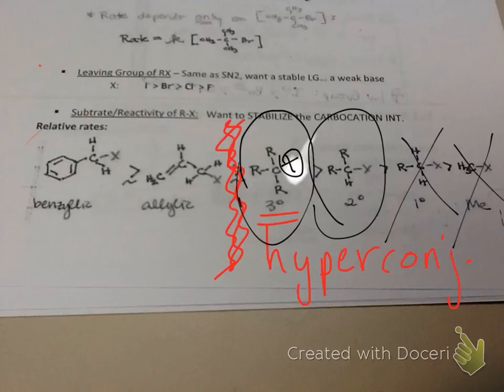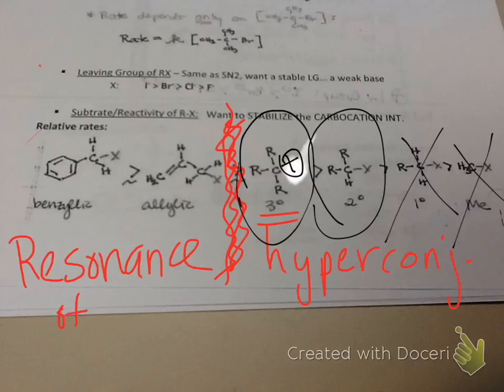The other thing we said, and this is a separate thing, that can also stabilize a carbocation, in Chapter 7, we talked about resonance of ions. If you have an ion with resonance, you have delocalization through the pi bond structure.